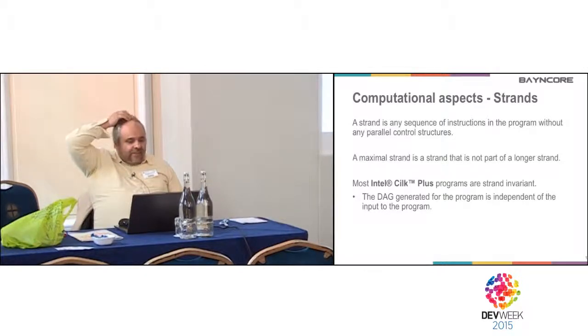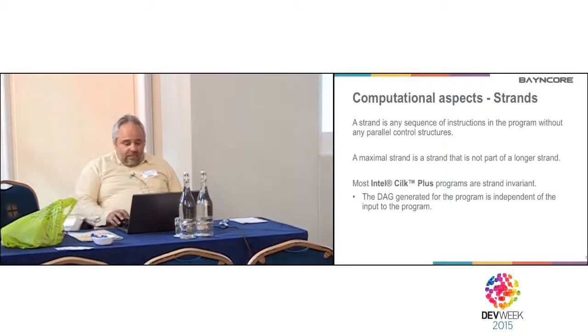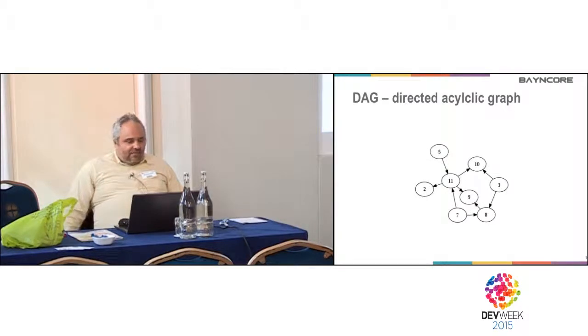And what that enables you to do is to visualize how different parts of your computation are interacting to create the whole application, if you like. And we talked earlier in the presentation about the directed acyclic graph, and this slide here is an example of a directed acyclic graph.